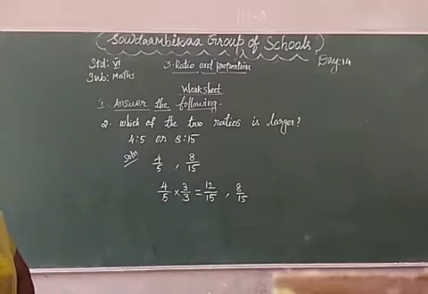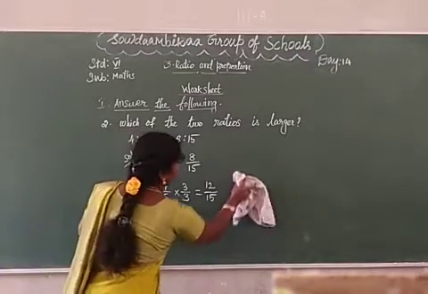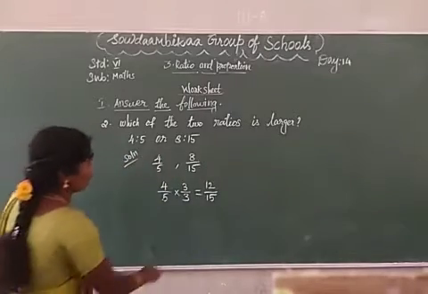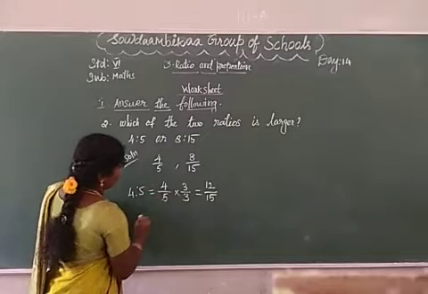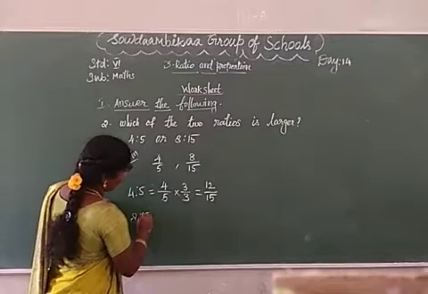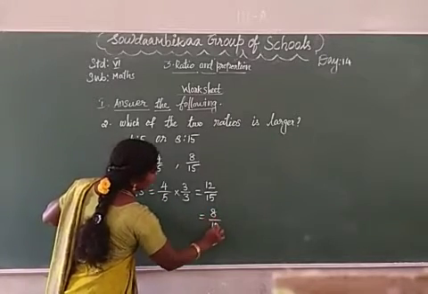Which one is the larger? Next number. This is 4 is to 5, which is 12 divided by 15, and 8 is to 15 is equal to 8 divided by 15.